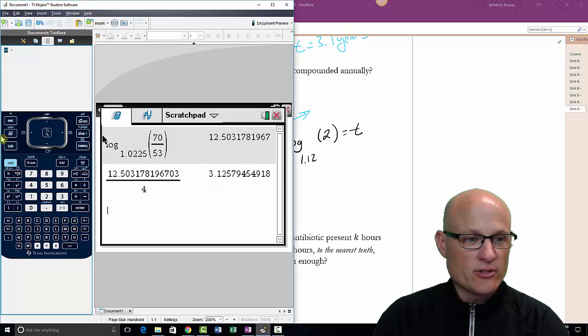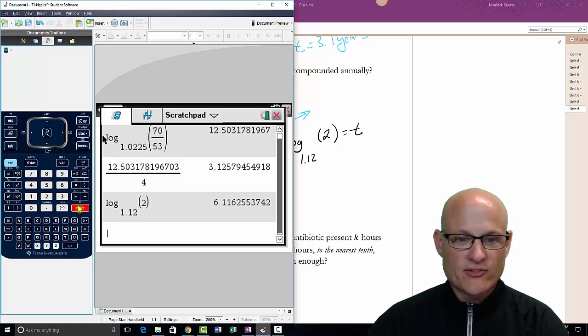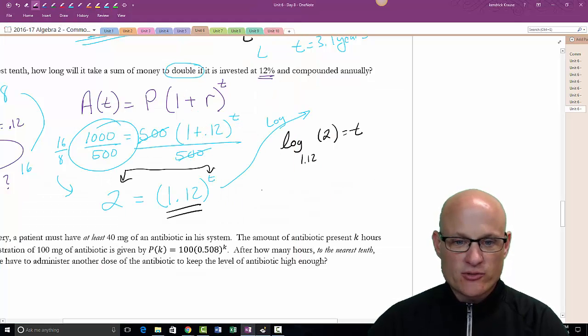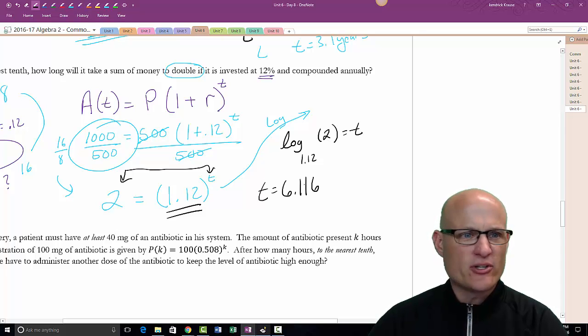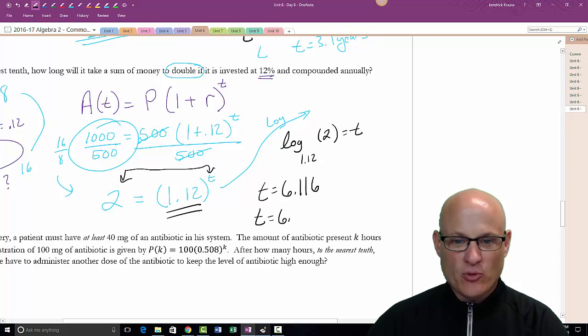Go over to our calculator. We do control log 1.12 of 2. And I get 6.116. So t equals 6.116. Rounded to the nearest 10th, it would take t equals 6.1 years.